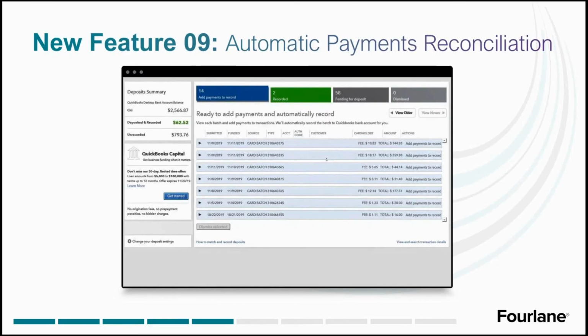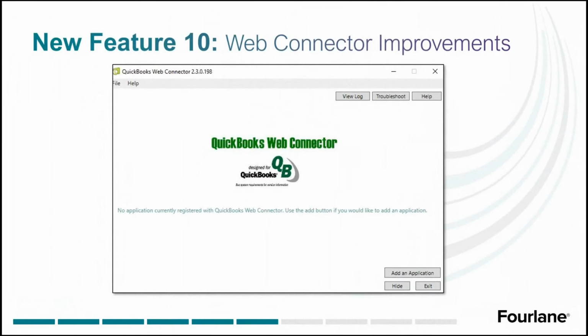So Web Connector changes, again, I don't know when this one comes about, but there's going to be some major Web Connector changes coming about. Allowing for a REST API, a representational state transfer, REST, R-E-S-T, API.